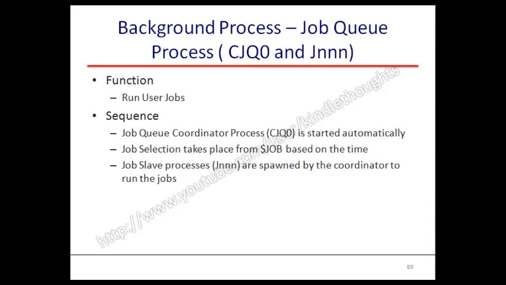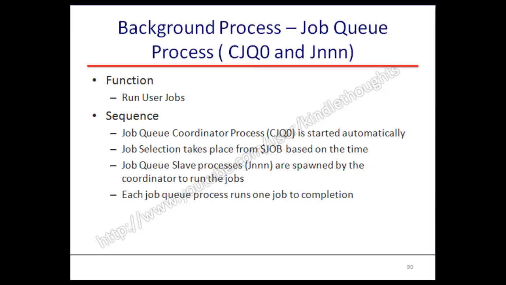The job slave processes, which are also referred to as JNNN, are spawned by the job queue coordinator process to run the jobs. Each job slave process is dedicated to running the job, and once the job completes, the job queue process enters sleep state. So this is how the job queue process functions.